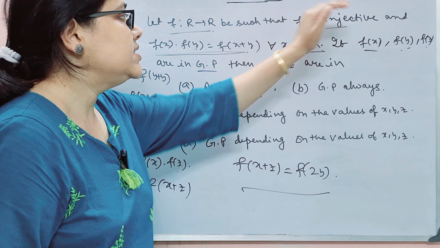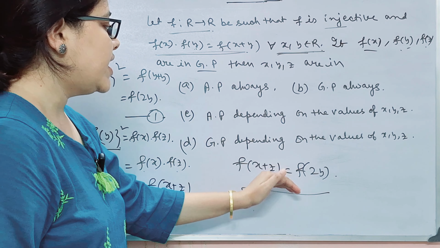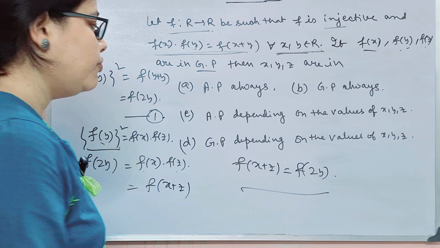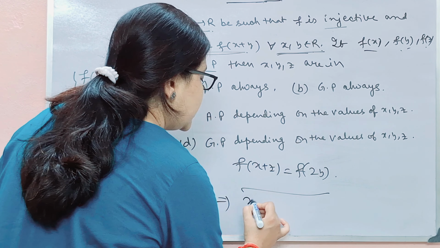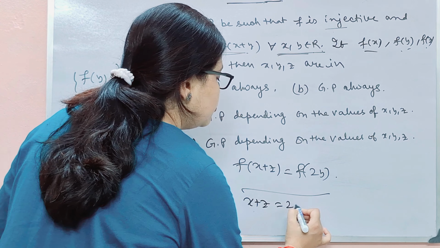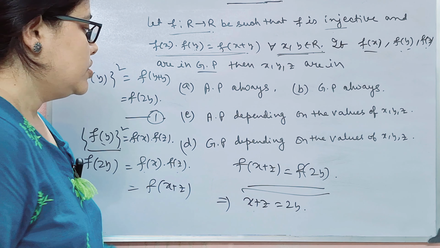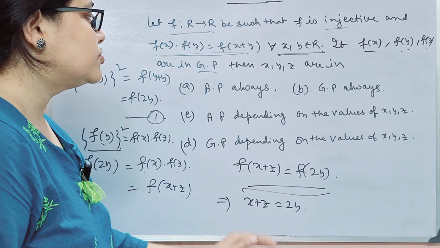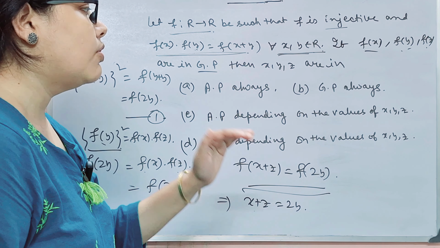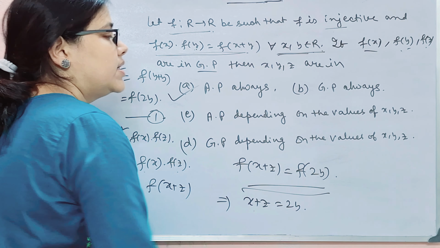Since f is injective, f(x plus z) equals f(2y) implies x plus z equals 2y, by injectiveness of the function. So this implies x, y, z are always in AP. This is the correct option.